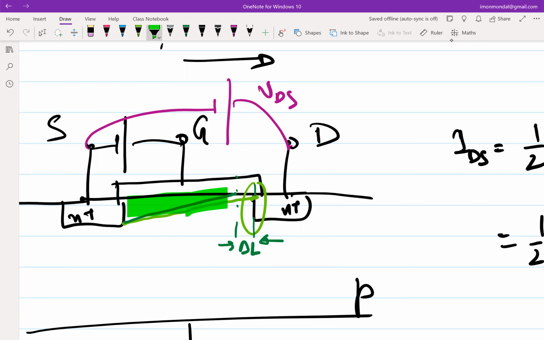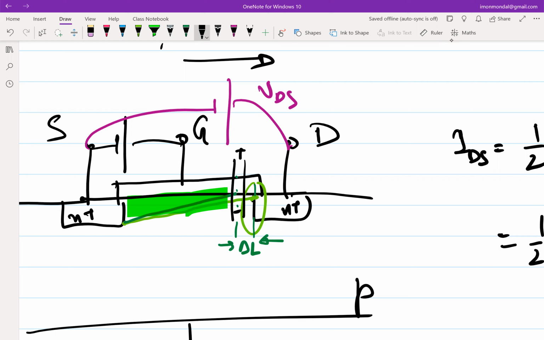Now you applied a VDS, right? That is, you applied a higher voltage at the drain, which essentially means that if you take any sliver of this channel and try to figure out the effective voltage across the channel, you will see that there will be a gradient of that effective voltage, right? So now I can assume that the slivers of channels are very small individual MOSFETs.